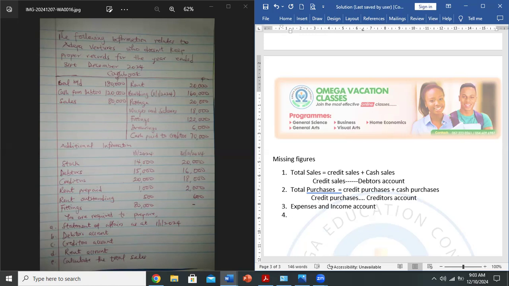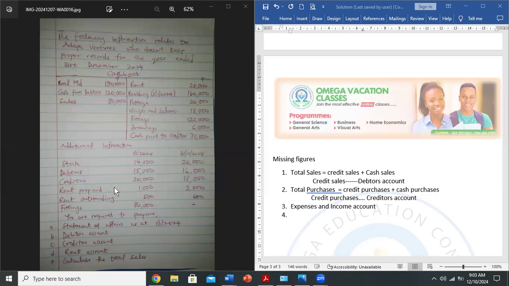Now, let me demonstrate this. In the question I gave here, right? In this question, if you go through from the following information relates to whatever, you don't see any item here as capital. But the question could go ahead and ask you to prepare your balance sheet. So how do you then get capital to prepare your balance sheet from this information?